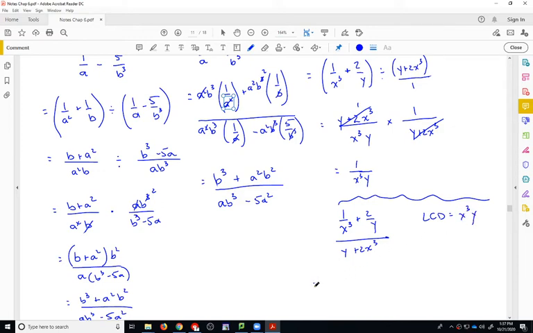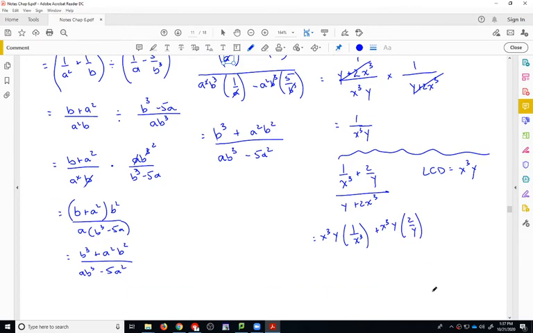So I'm going to multiply every single term by x cubed y: x cubed y times 1 over x cubed plus x cubed y times 2 over y. And on the bottom, because I'm not getting rid of any denominators, I'm not going to multiply it through, so I leave it in factored form.